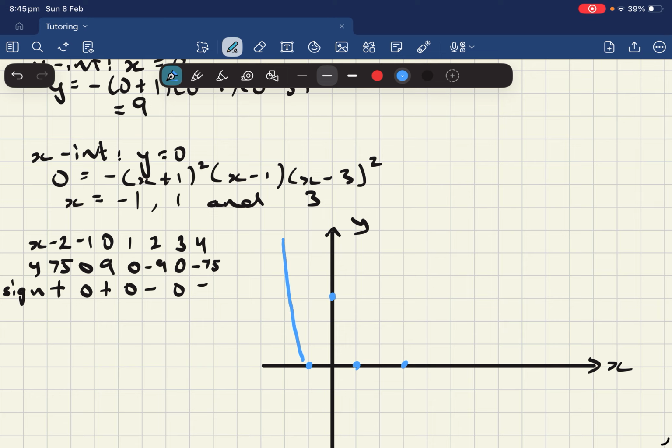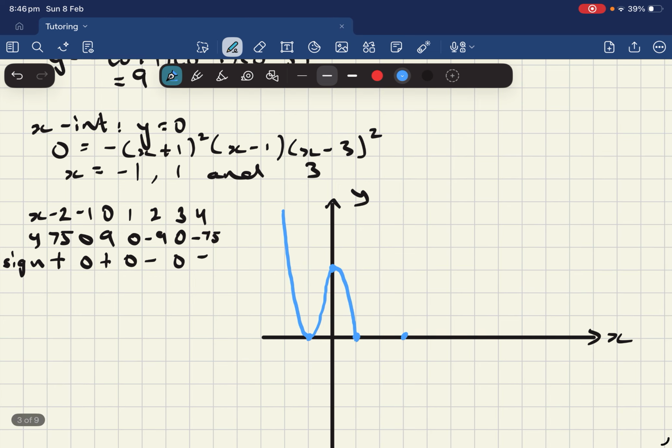It's going to hit my intercept. Then it's going to go up past my y-intercept. Then it goes back down to the other intercept. And when x is positive 2, my y is negative. So it's going to go underneath the x-axis. Then it comes back up to 0.